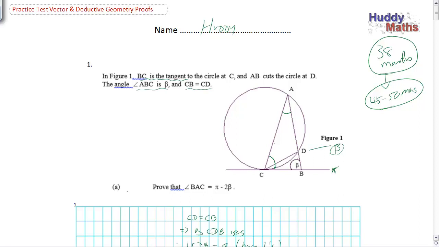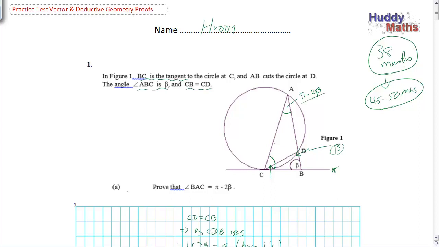Okay, so now what have we got here? We've got a beta in this one, and we know that angle BAC is pi take 2 beta. Can we find this angle there, and can we find that one down there?